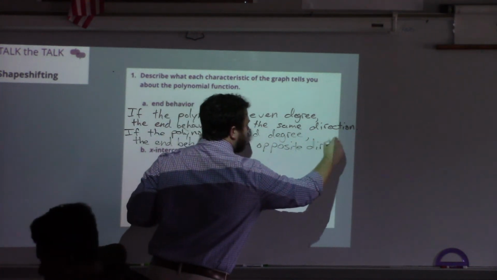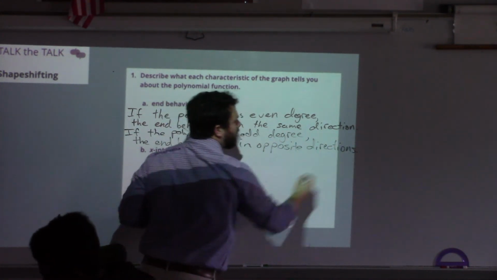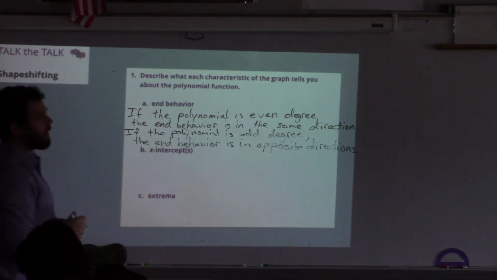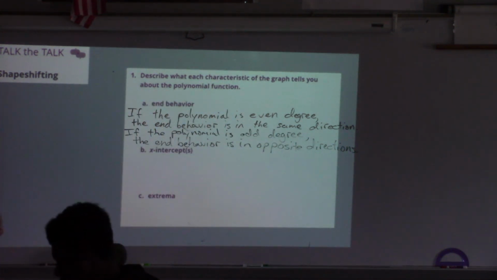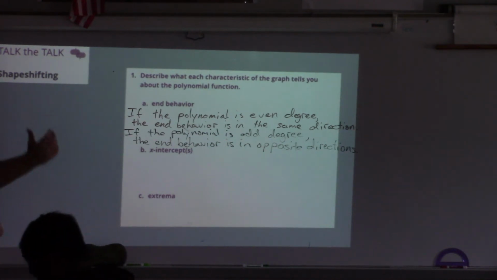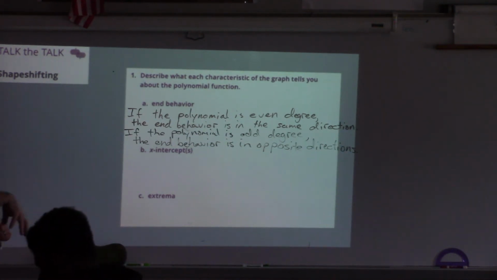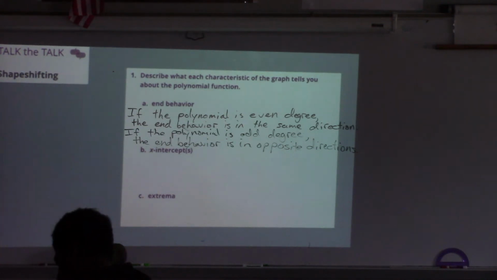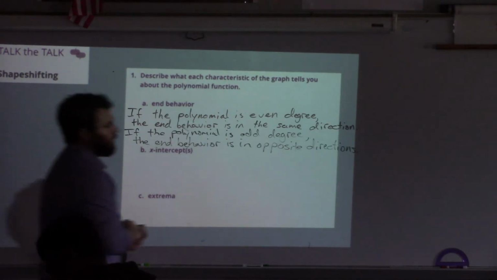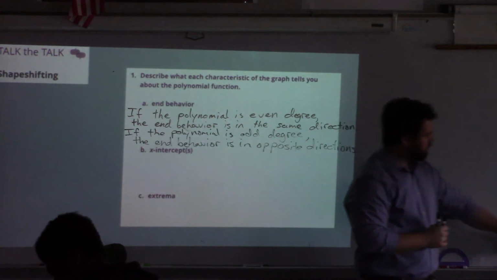And so that is an easy way to notice that. And remember, another part of it is what I have up there. With an even degree, if a is positive, the end behavior is going what? Up. And if it's negative, the end behavior is down. And then the odd is a little bit tougher, but not really, they're going in different directions.